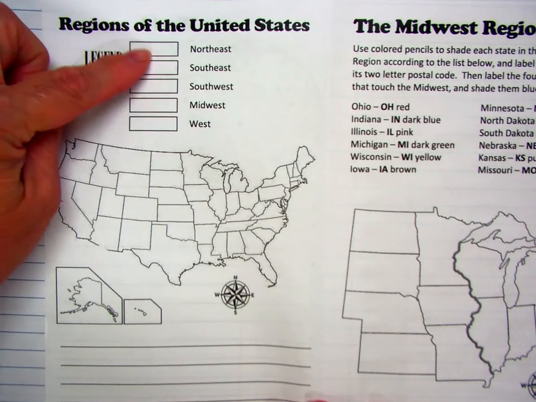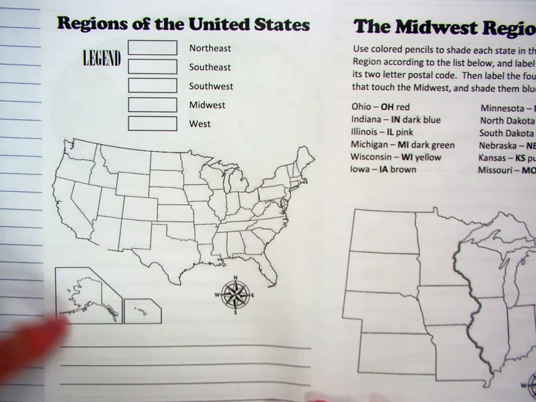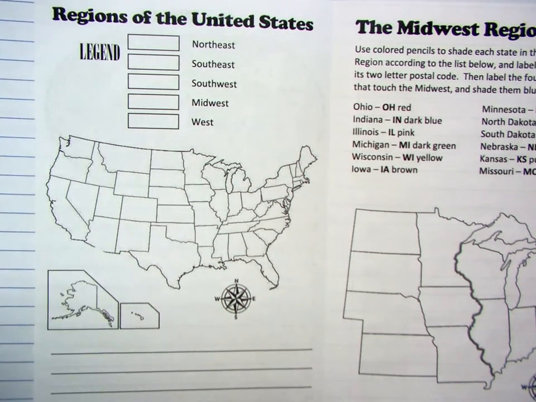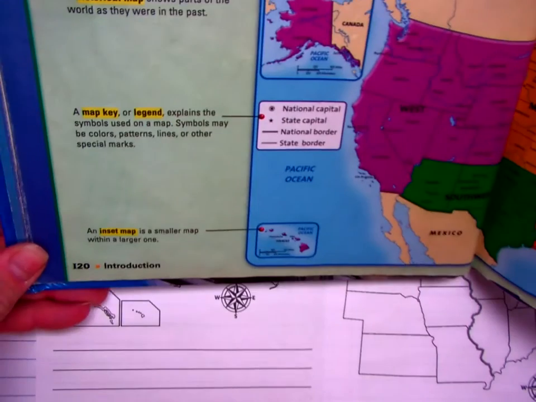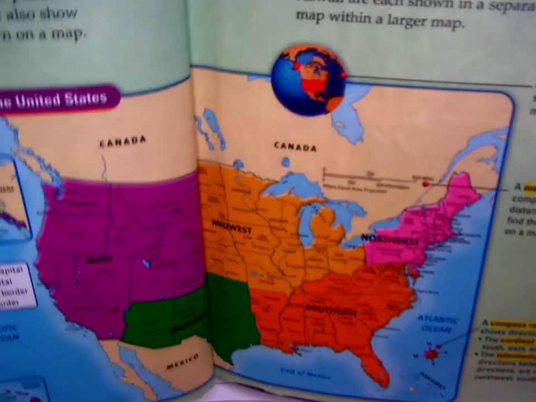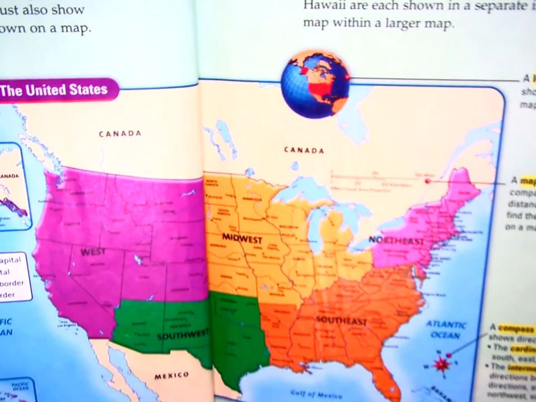So you're going to be putting 5 colors in these boxes, and then you're going to be coloring the states to match. You are going to find this information in your Social Studies book on page I-20, which is in the introduction. And you will see that in this map of the United States they're already divided into regions.